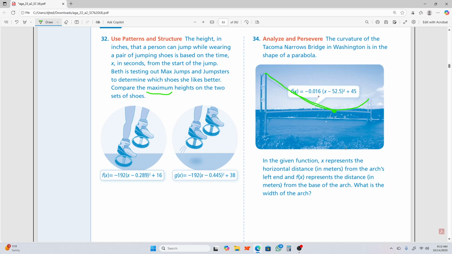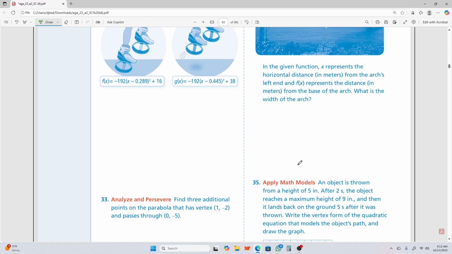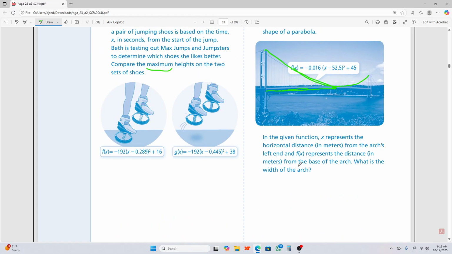So we know the distance from here to here, halfway across the arch is what? From the vertex, the x coordinate of your vertex. So if that's halfway across, what's all the way across? What do you have to do to the x coordinate of your vertex? Just multiply by 2. And then you have your answer to the first part. Oh, you have your whole answer.